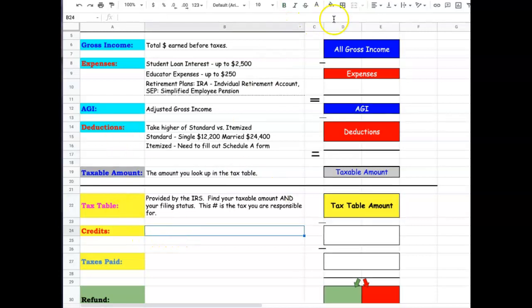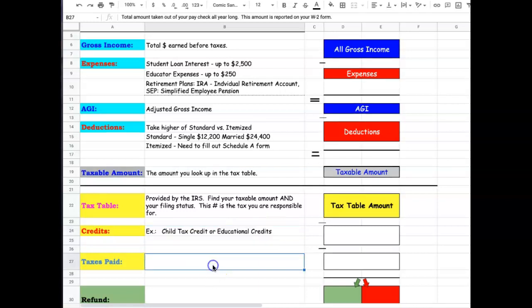So let's define it first. An example of credits, and probably the most popular credit that people think about, is the child tax credit. You can also get educational credits for certain college courses that you pay for. But the child tax credit, for example, is a certain amount of money, and I believe it just changed.